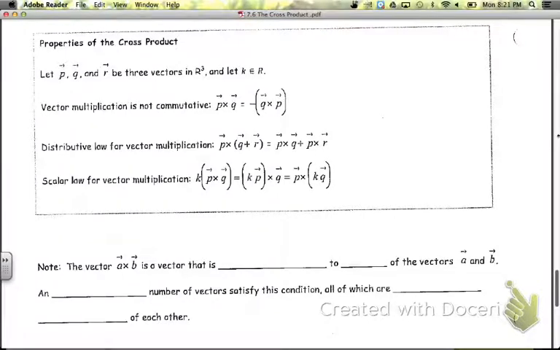So note here, the vector A cross B is a vector that is perpendicular to both the vectors A and B. An infinite number of vectors satisfy this condition, all of which are scalar multiples of each other.